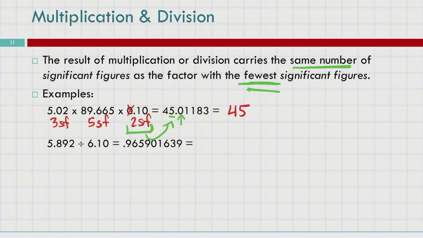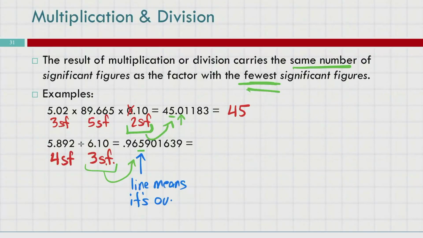And then for this division example, 4 non-zero numbers, 2 non-zeros plus a trailing 0. So we've got 4 sig figs and 3 sig figs, respectively. 3 is smaller than 4. So again, this 5 line means it is our last significant figure.